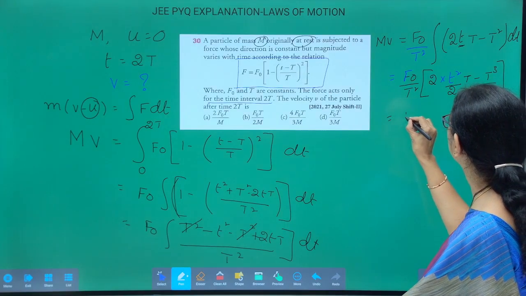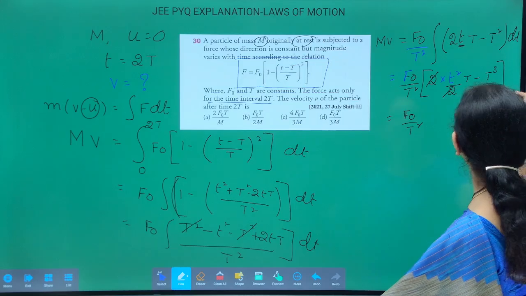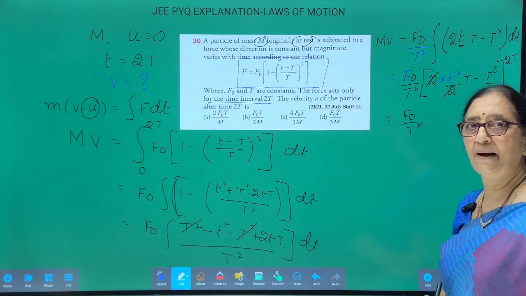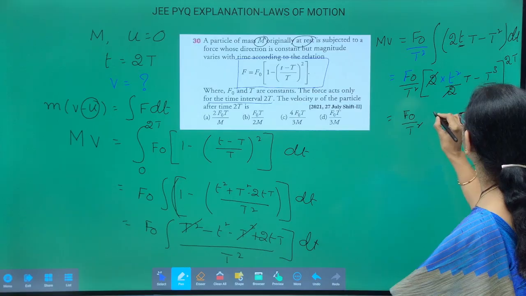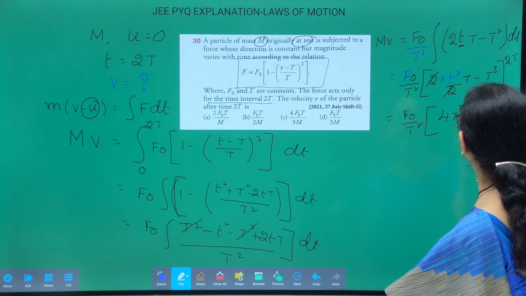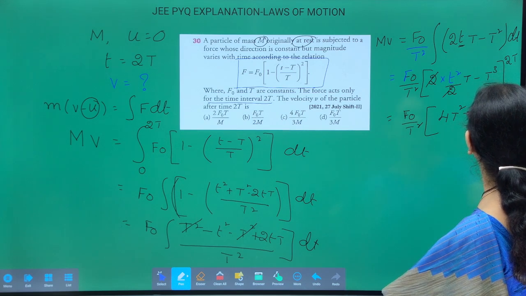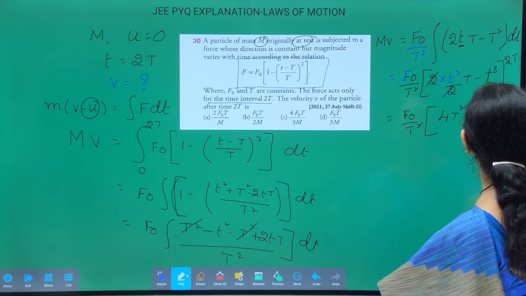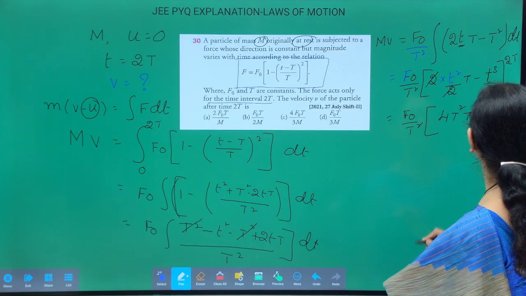So, this is F0 by T square. You have to substitute the limit, the upper limit, that is 2T in place of small t. So, this becomes 2T into (2T) whole square, 4T square into T, minus (2T) whole cube by 3, 8T cube by 3, right.